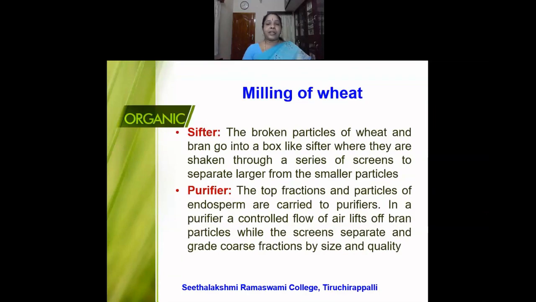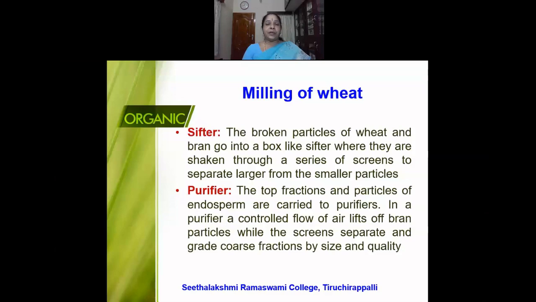The broken particles of wheat and the bran go into a box-like sifter where they are shaken through a series of screens. Like we use a jalladai, here there are different screens. Series means many screens are present which will separate the larger particles from the smaller particles.